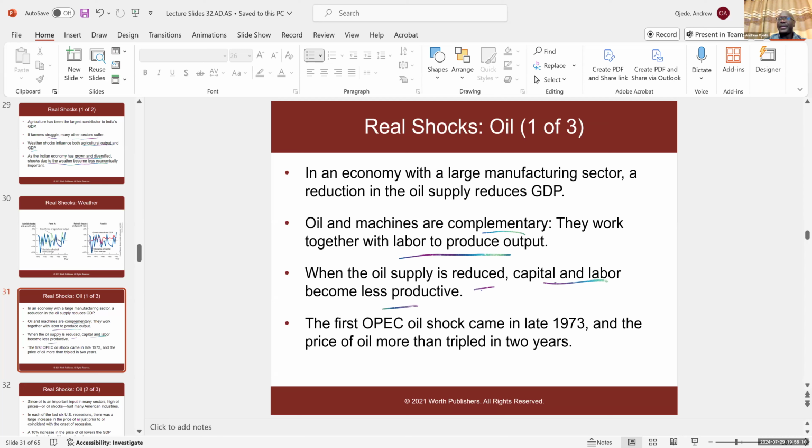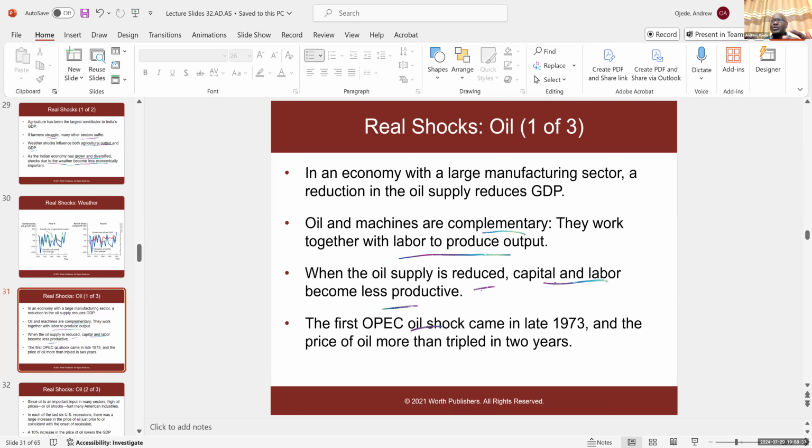So the first OPEC, the Organization of Petroleum Exporting Countries, we talked about this, oil shock came in late 1973 when OPEC decided to decrease the global supply of oil. OPEC is this global oil cartel, okay? Countries like Saudi Arabia, Iran, Iraq, Kuwait, Venezuela, Nigeria are part of this OPEC.